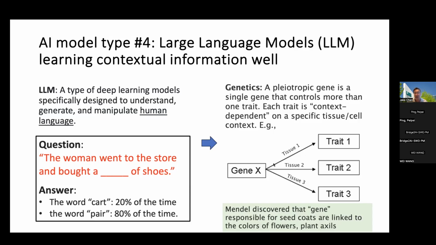So you can think about this as gene having contextual information depending on the biological context of cell lines in animals and human may have very different functions.